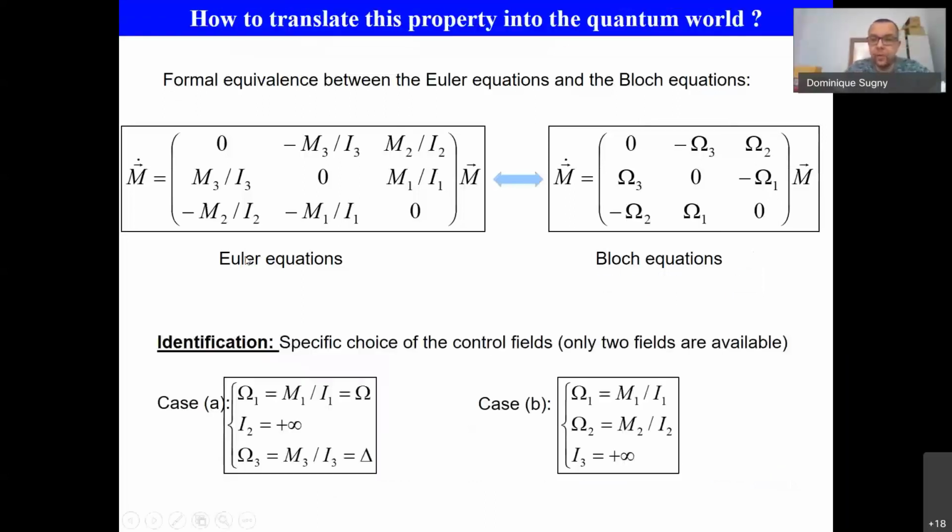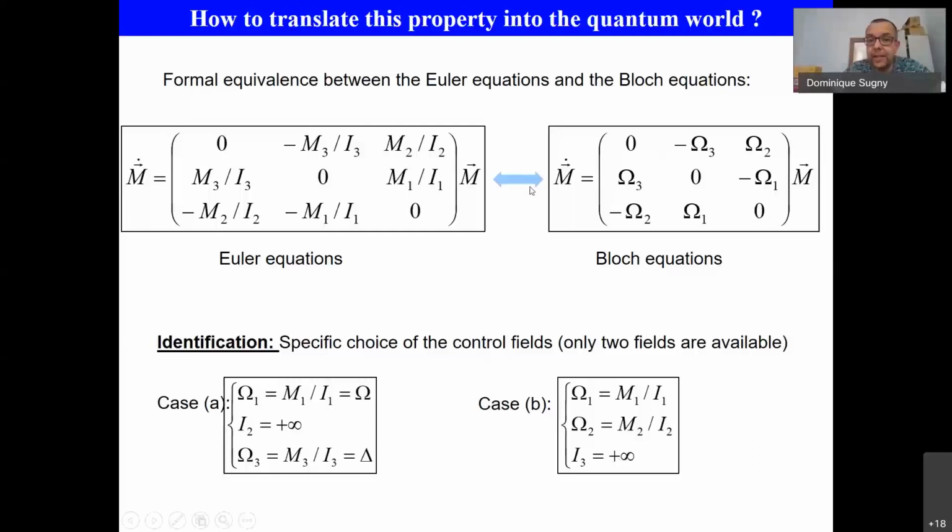Okay, so we have this formal equivalence. I just changed the labels, but it's exactly the same equations, the Euler equations and the Bloch equations. And about the identification, we have one problem: in general we have only two control fields available, for instance along two perpendicular directions, and not three.